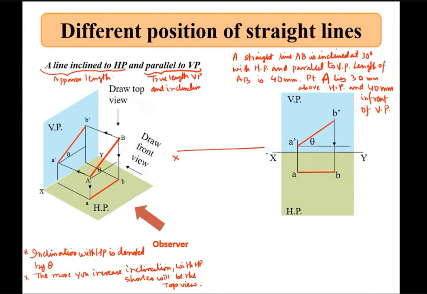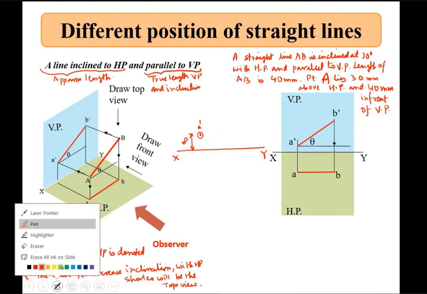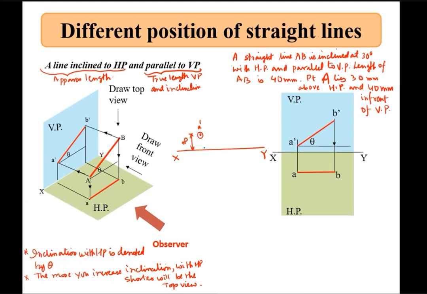This is my reference line, right? First I will locate point A. Point A lies 30 mm above HP. So this is A dash, say this is 30 mm. Point A lies 30 mm above HP and 40 mm in front of VP, so I draw a projector now like this.